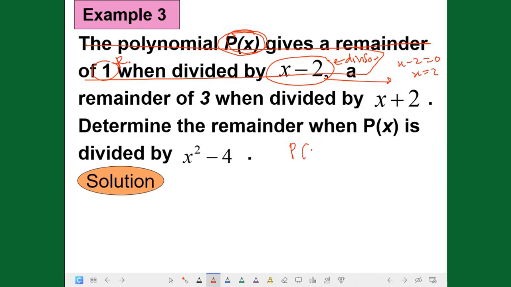So the divisor is x minus 2, and the remainder is 1. That is how to interpret this question. Settle.